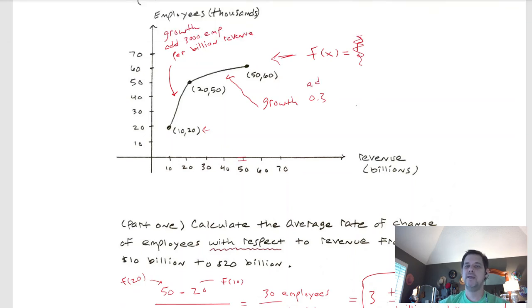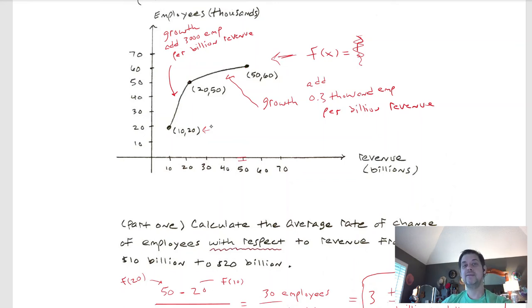I'm going to add 0.3 thousand employees per extra billion in revenue. All right, so that was the growth for that other phase. I'm going to add 0.3 thousand employees for every $1 billion in additional revenue. That's how I get from this point to this point. All right. Okay, so there.